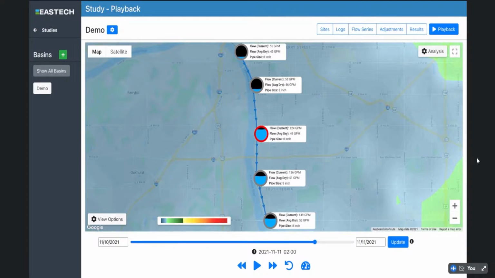And being able to see that in a very easily identifiable way, just at a glance looking at your system and being able to see those problems in a video-like manner.